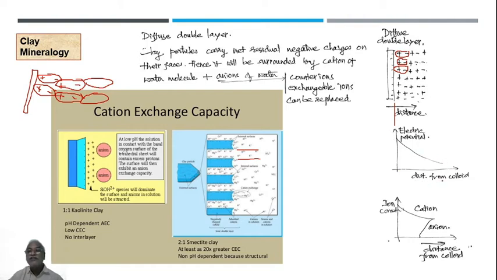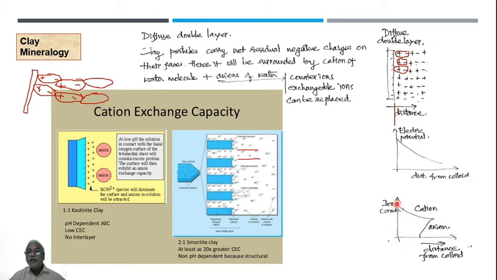This is the distance from the colloidal molecule. As you go away from the molecule, the attractive force will be getting lessened and lessened. That is what is shown here, the same thing again.